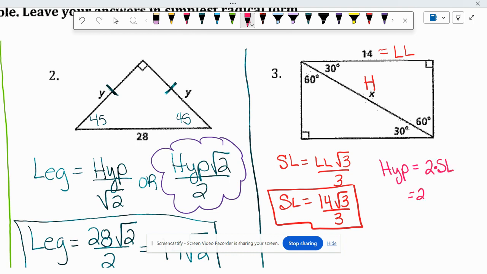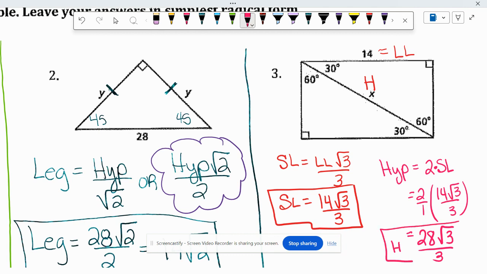So 2 over 1 times 14 root 3 over 3. So 2 times 14 is 28. 28 root 3 over 3 is the measurement of your hypotenuse.